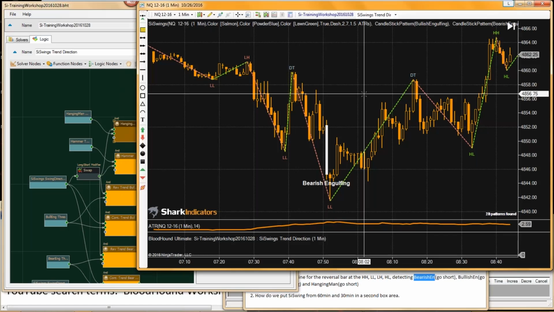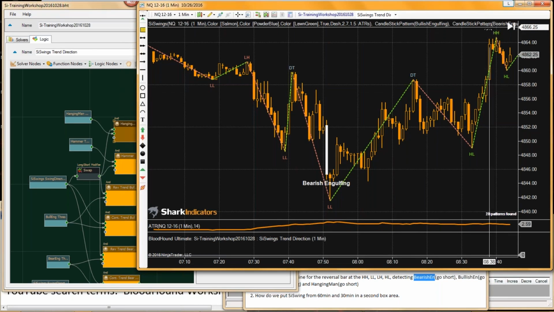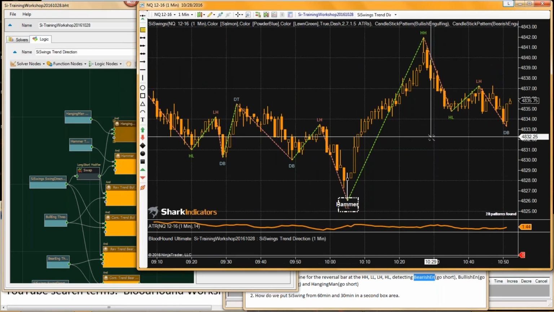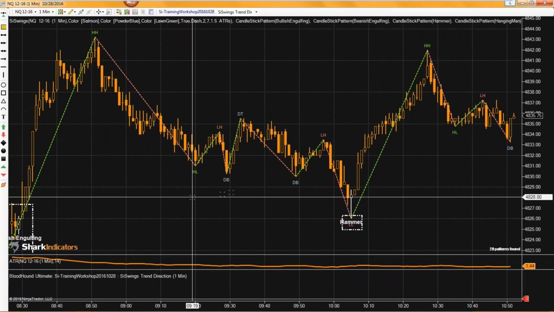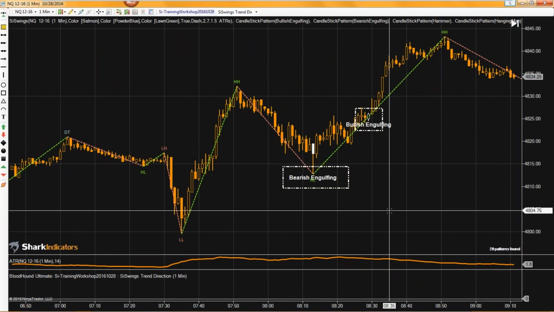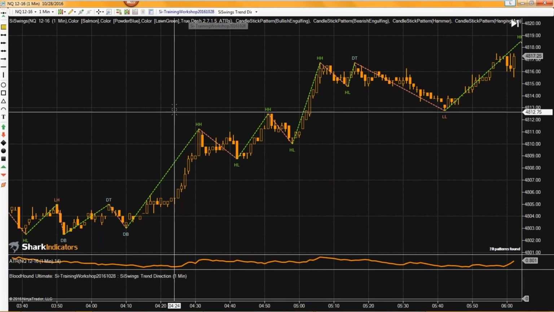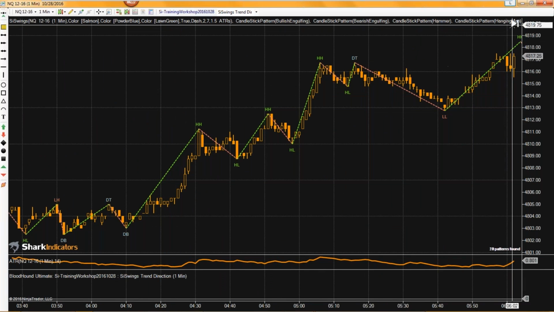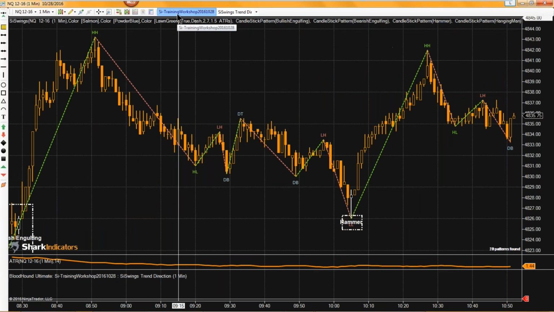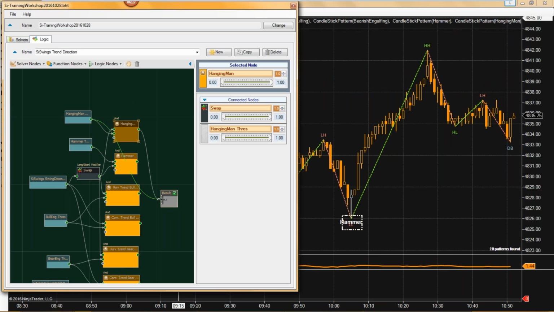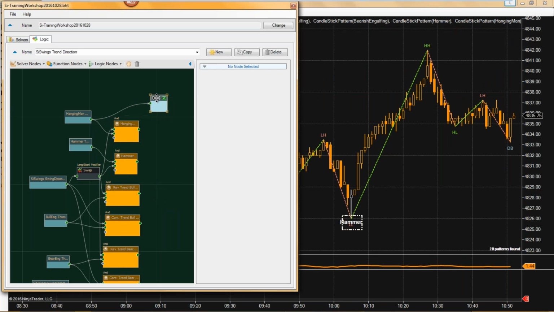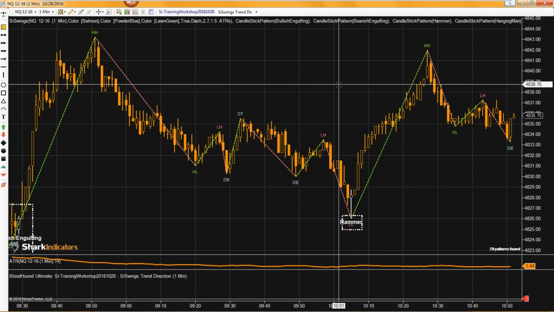Let's see, I'm not sure I saw any hanging man. I'll check the chart real quick. Actually, before I get going too far, I just kind of jumped right into this and made a bunch of assumptions here. Let's take a look at the solver itself. It's always good to test the solver out first.